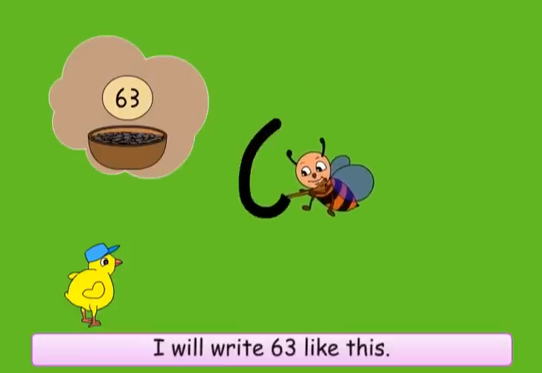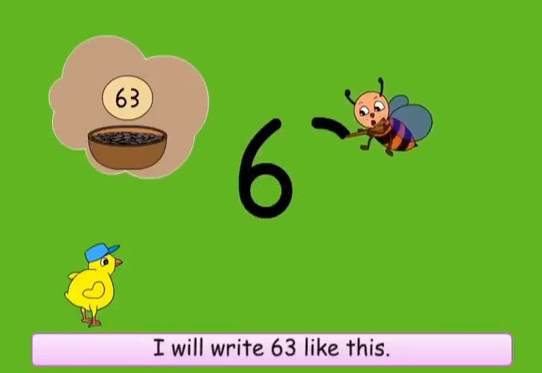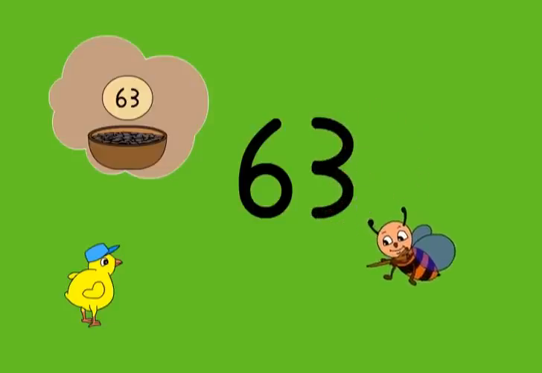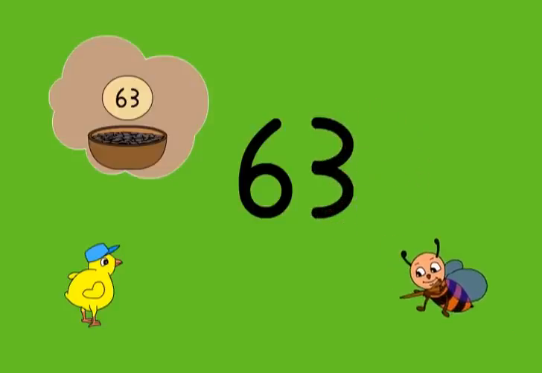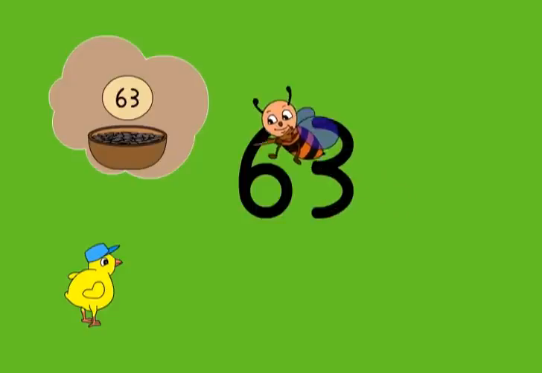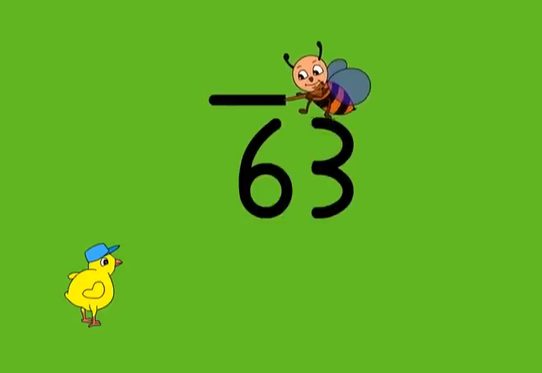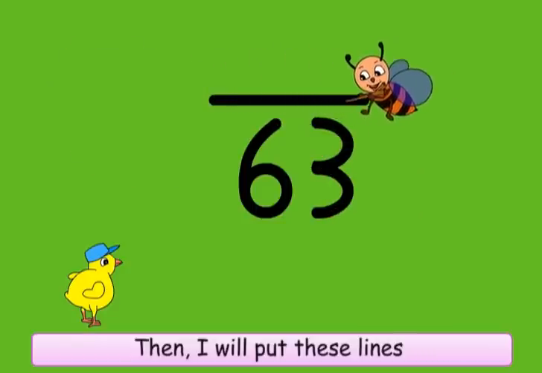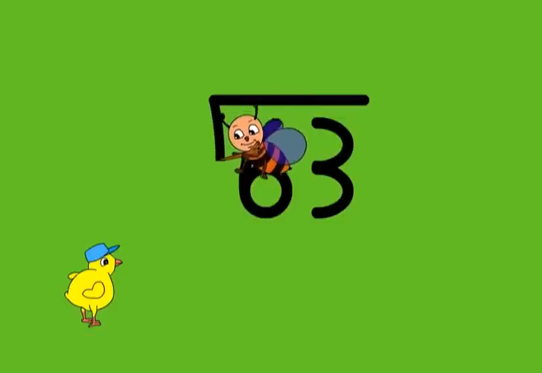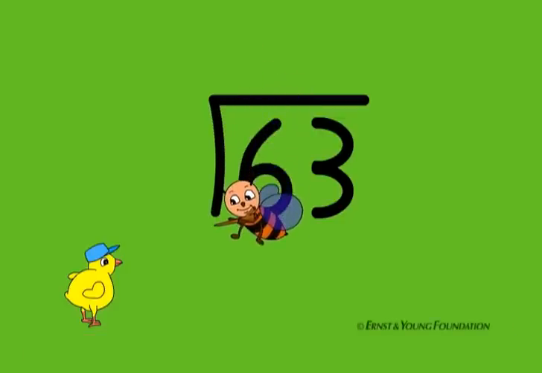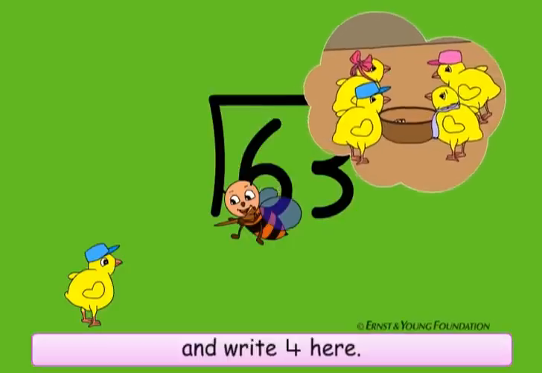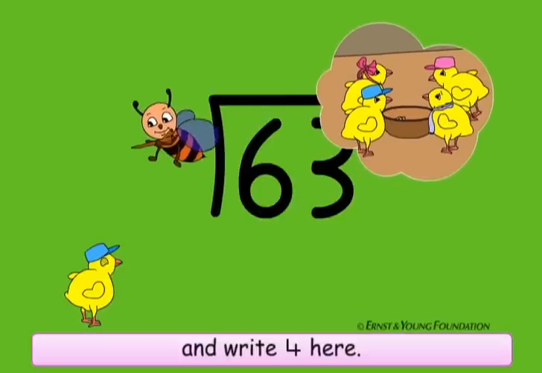I will write 63 like this. Then I will put these lines and write 4 here.